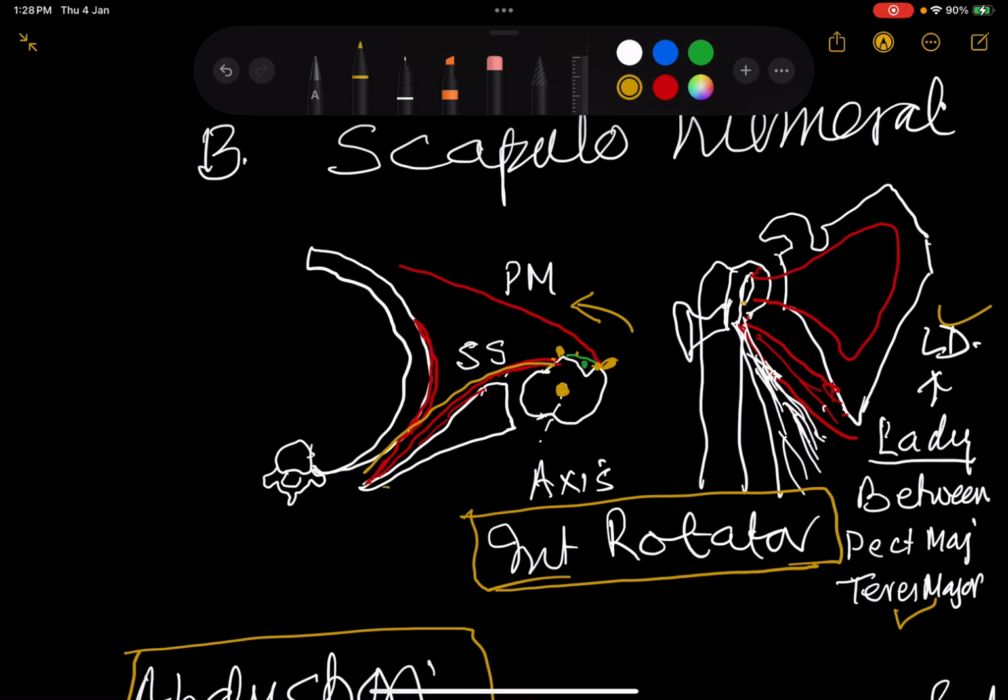And what will externally rotate? The SIT structures, SIT: supraspinatus, infraspinatus, teres minor, especially the infraspinatus and teres minor, and the latissimus dorsi. So supraspinatus, infraspinatus, teres minor will internally rotate.